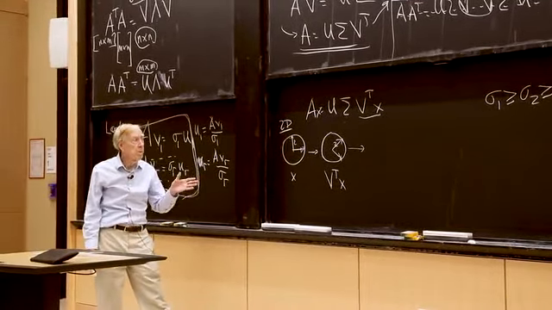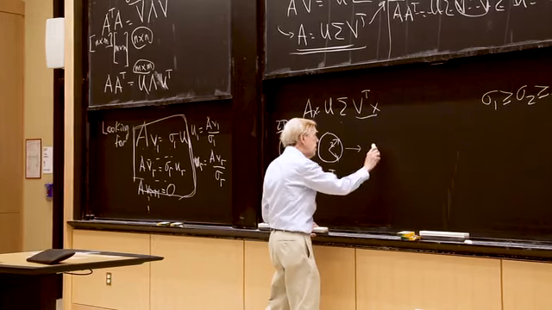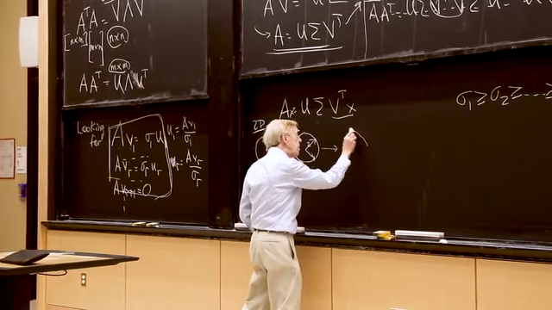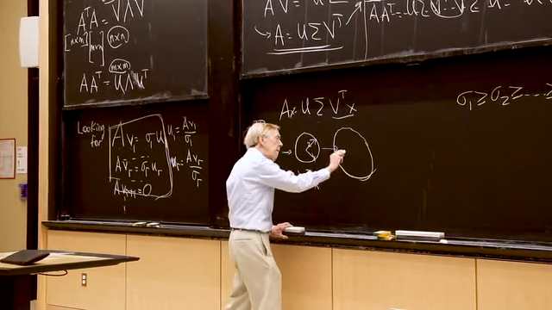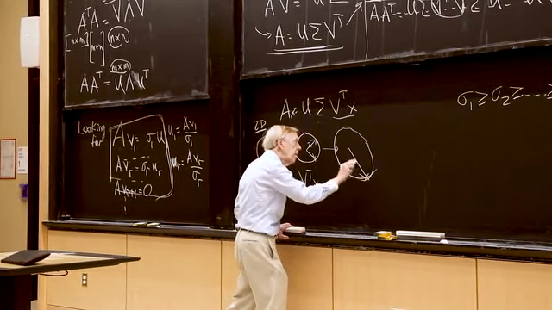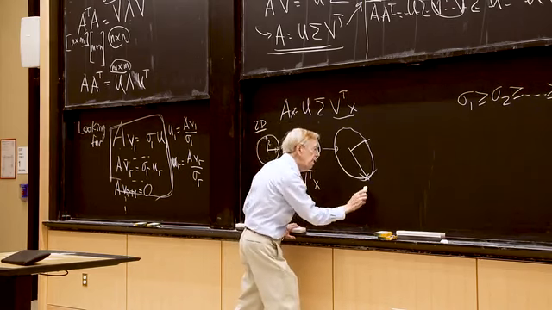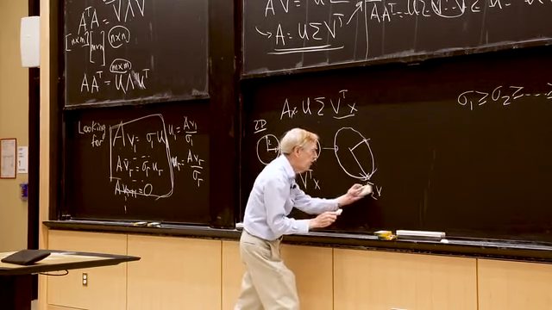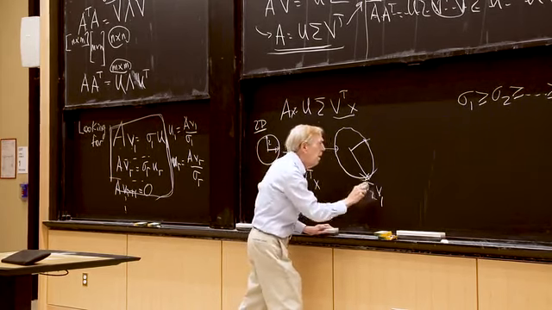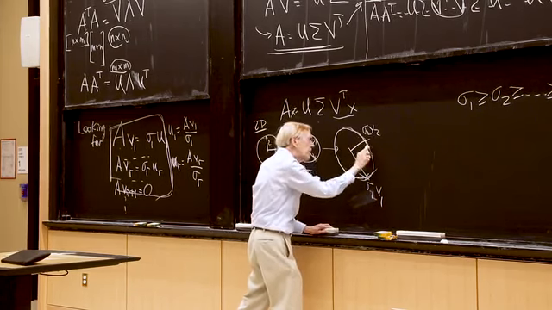So sigma 1 will be bigger than sigma 2, so I'm expecting this, a circle goes to an ellipse when you stretch. I didn't get it quite perfect, but not bad. So this would be sigma 1 v1, and this would be sigma 2 v2, and we now have an ellipse.